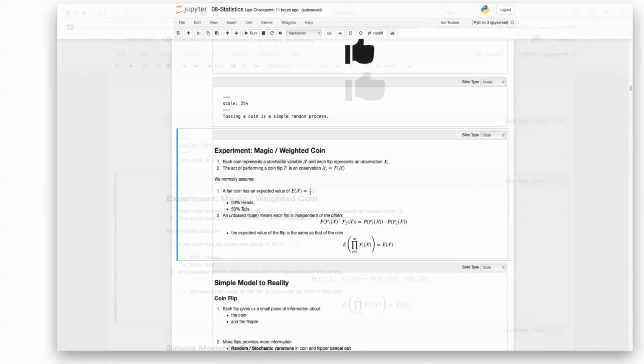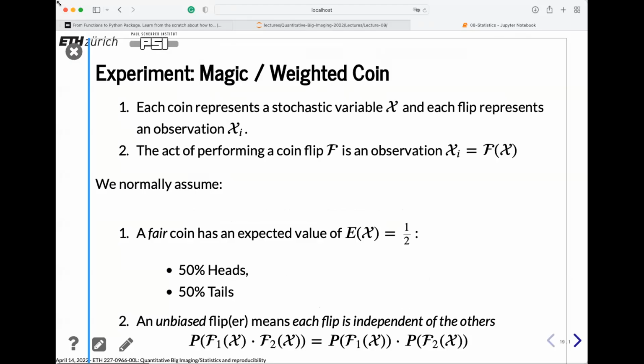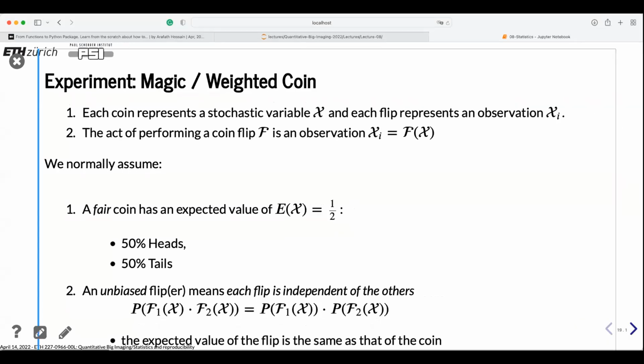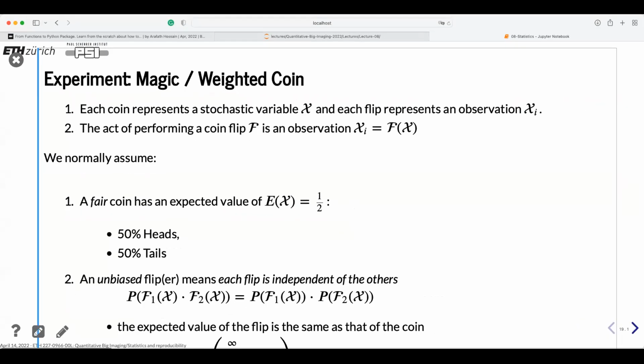Now I see the slide. That's a bit unfortunate, but okay. I have to make it smaller.